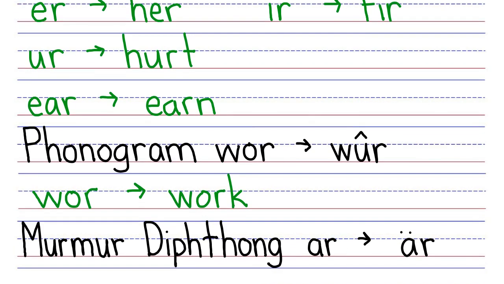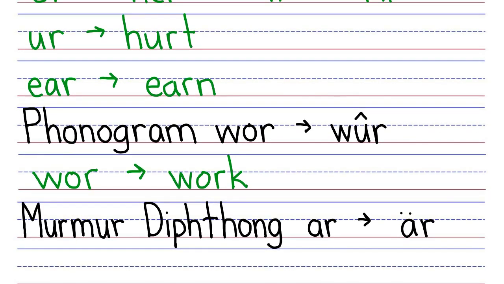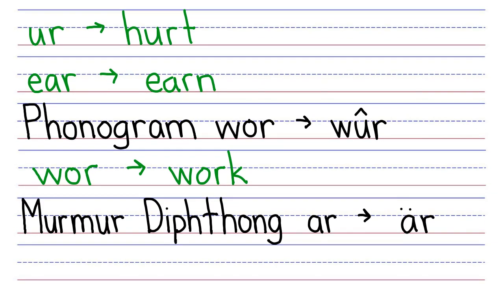Right, next sound we have is the murmur diphthong R, or the R-controlled vowel sound R, spelled AR, as in far.